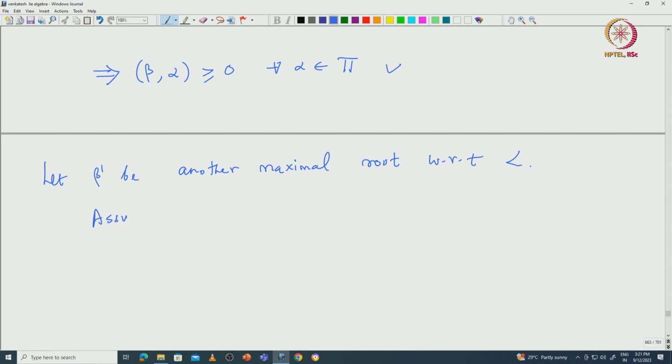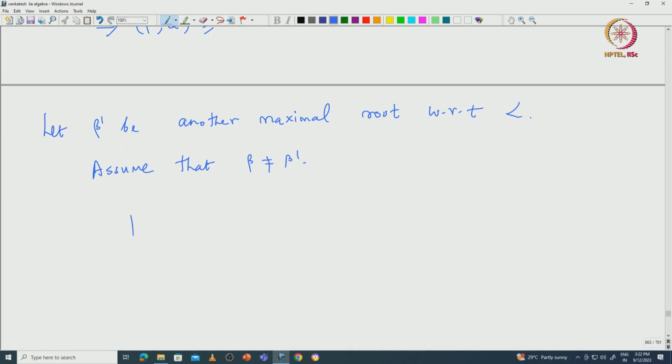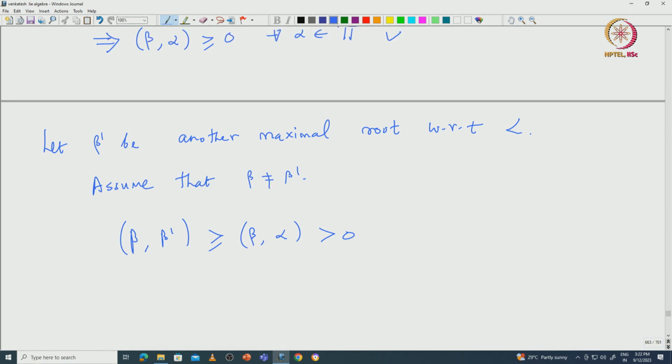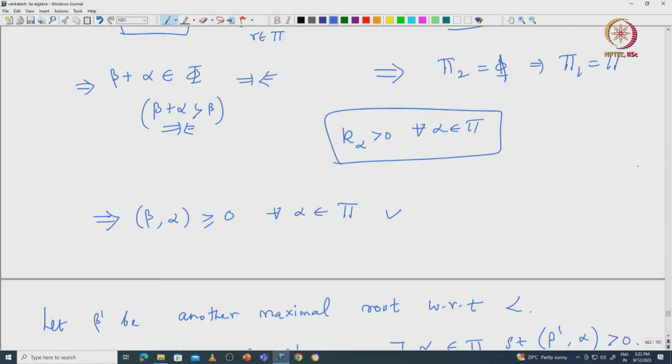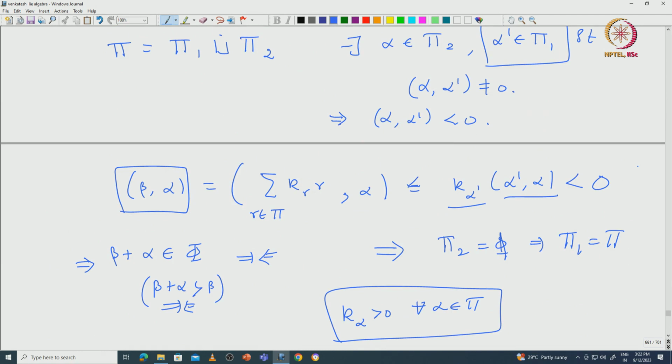Then the inner product of beta and beta dash is going to be greater than or equal to the inner product of beta and alpha, which is positive for this alpha. What we can do is choose this alpha: there exists alpha inside pi such that the inner product of beta dash and alpha is positive. That is from our earlier observation.